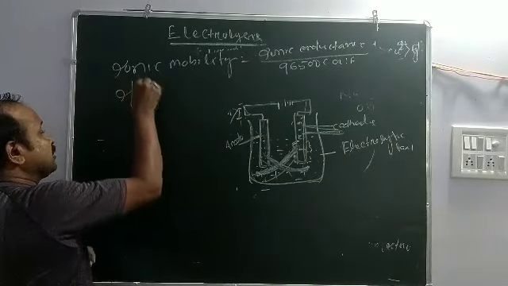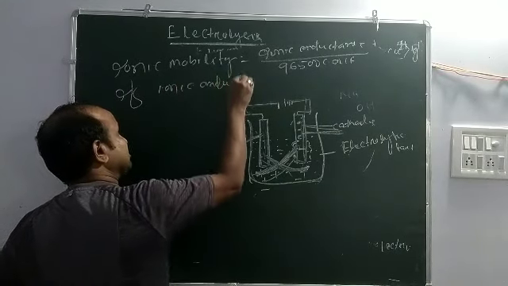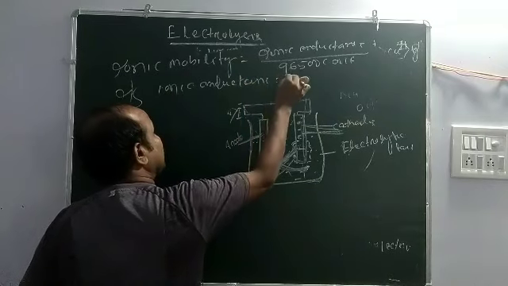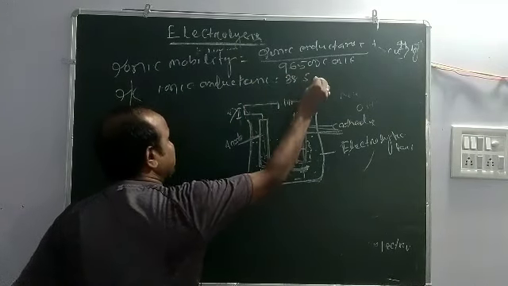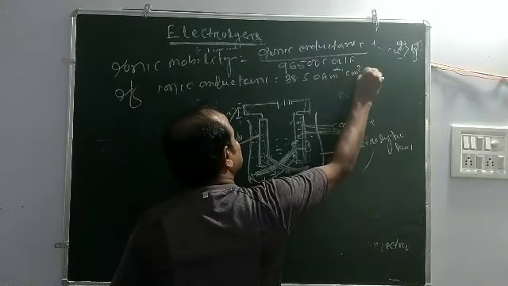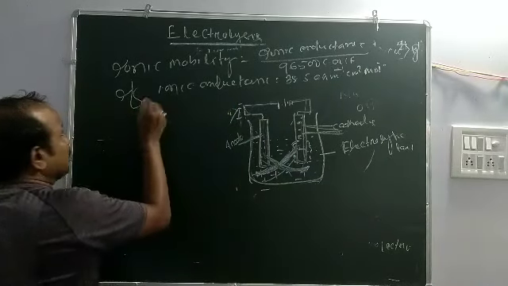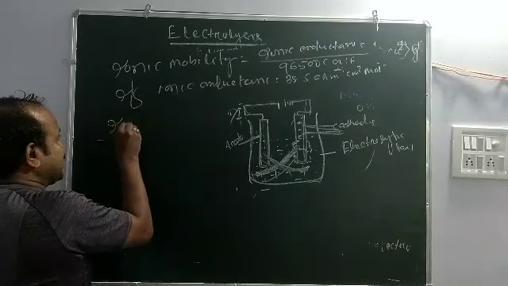If the ionic conductance is equal to 38.5 ohm inverse centimeter square mole inverse, then what is the ionic mobility?